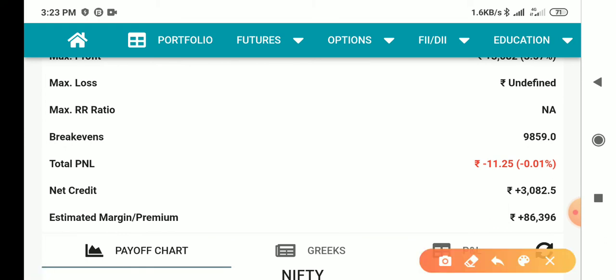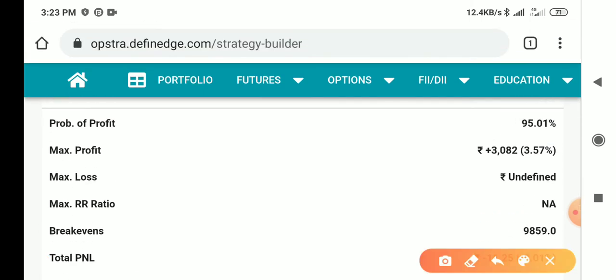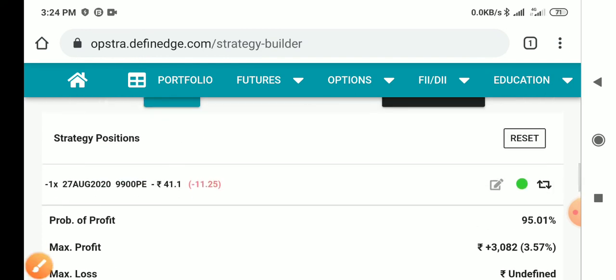The estimated margin for this one is 86,000. Maximum profit will be around 3,000. That means almost 3.5% profit on what we are investing.